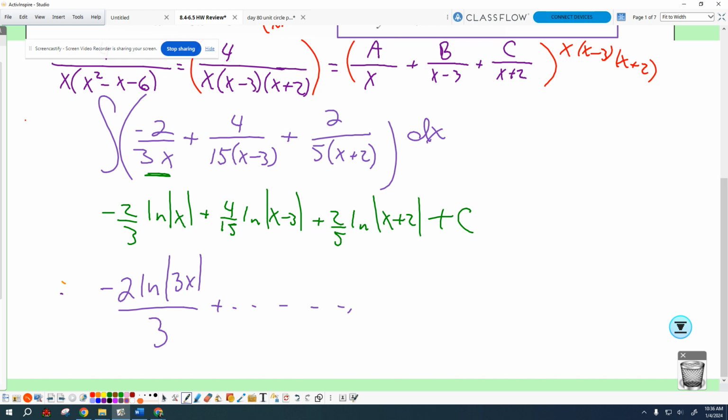Is that also correct? Yeah. The difference comes out in the plus C. This plus C is a little bit different than that plus C, but it's all just a difference in the constant. So, there you go.